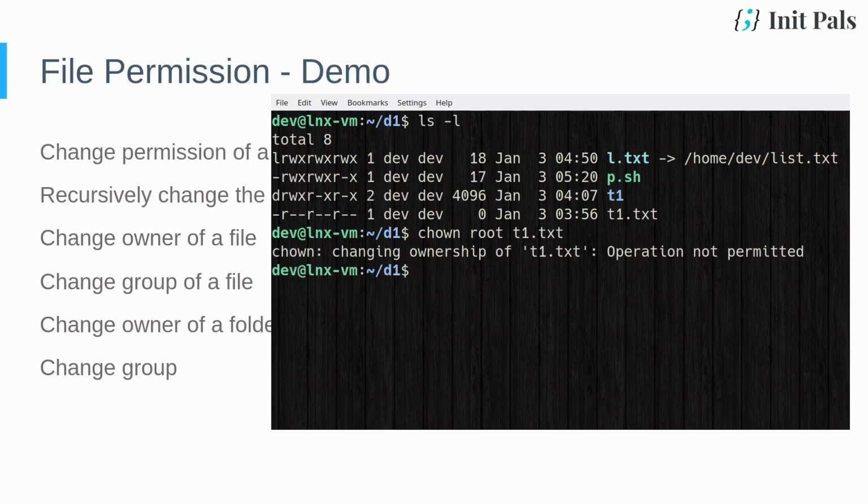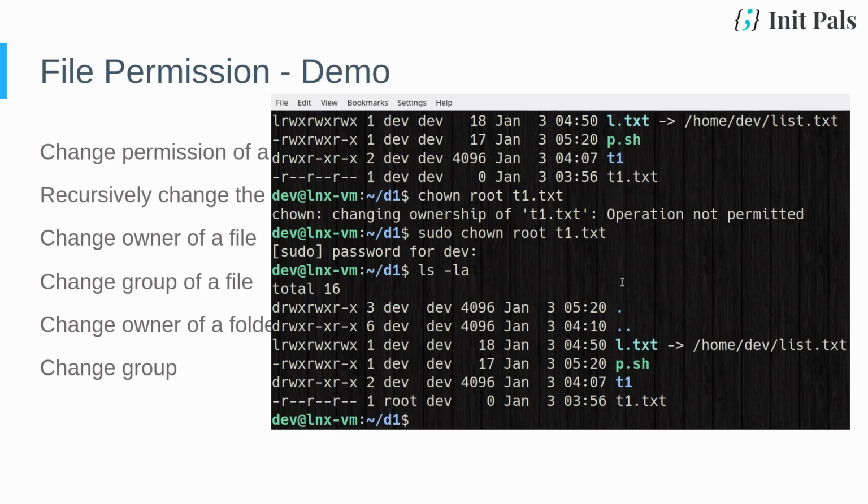Okay. And operation not permitted, you may have to execute the command with elevated privilege. To run the command in an elevated privilege, append sudo, it will ask for a password, provide the password, and now let me see what has changed. And the owner has changed to root, but the group is still dev.